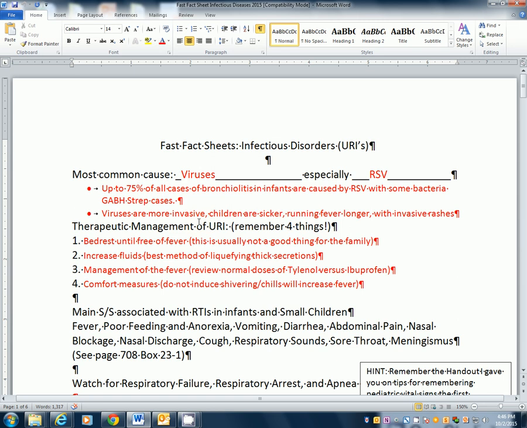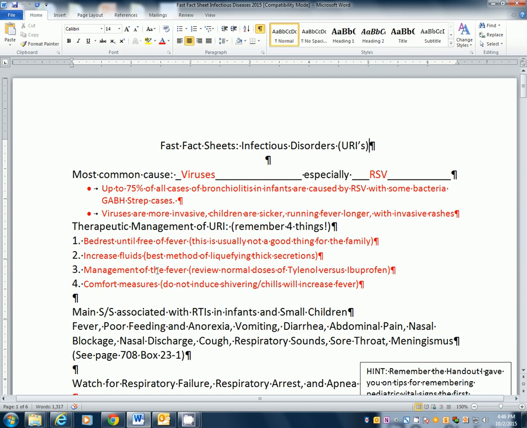All right, so looking at therapeutic management of upper respiratory infections, there's mainly 4 things you need to remember. 1, they're going to be on bed rest until free of fever. That is not a luxury. That is actually a need for diversional activities, the need for family to have support, because sometimes keeping a child on bed rest is not easy.